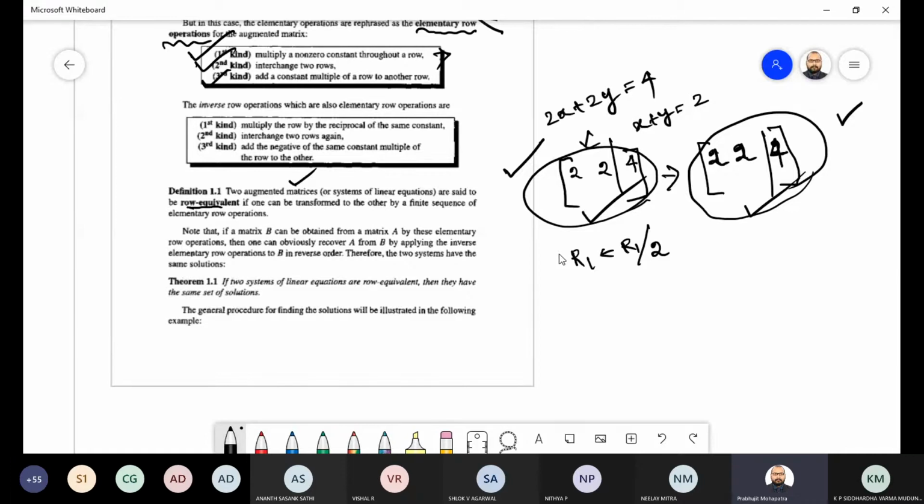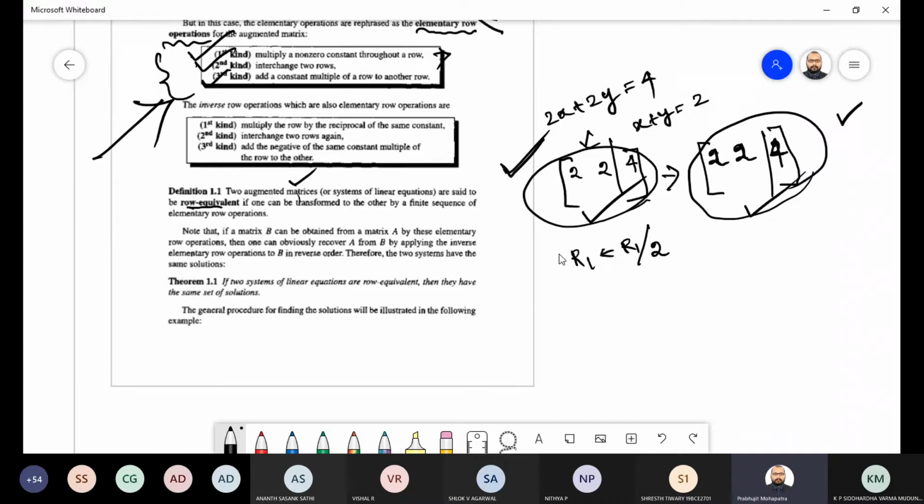So if two systems of equations you are having, two systems of equations means two matrices you are having, and from one you are having the other by doing the operations, what are the operations? These three operations you can do. By doing these operations, if you are getting the other matrix, that means both are exactly same, they are not distinct, they are having same solution.